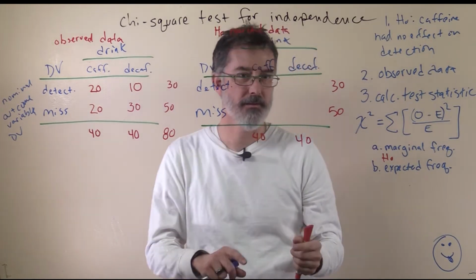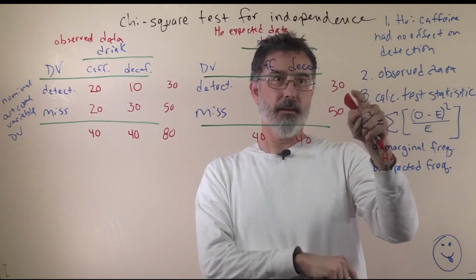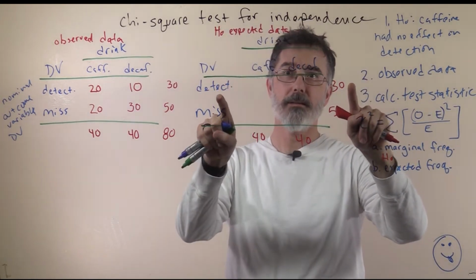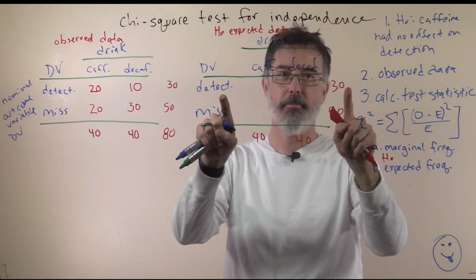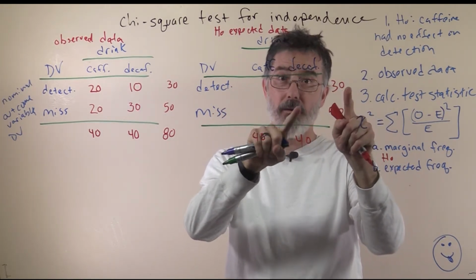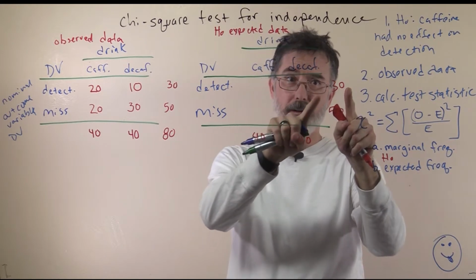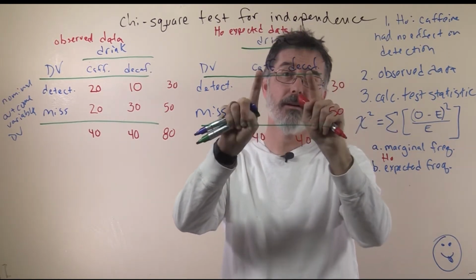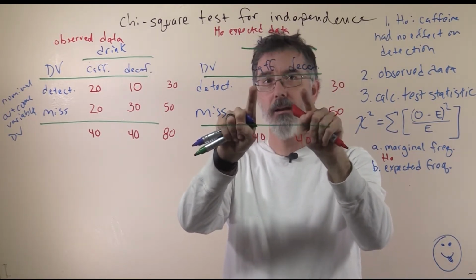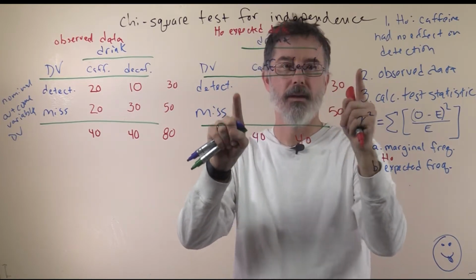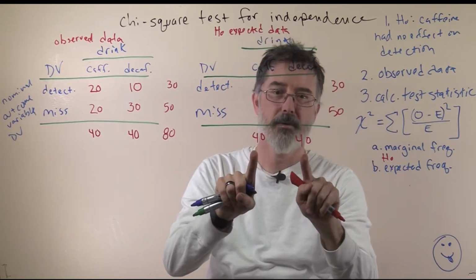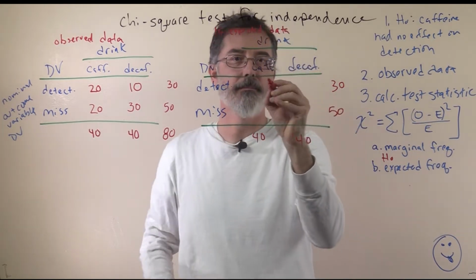Given that there were 30 people who detected the smiley face, if caffeine had no effect, how should we expect these numbers to be distributed? This 30 is going to be distributed across these in such a way that caffeine had no effect. Since there are equal numbers here, we'll split this equally.